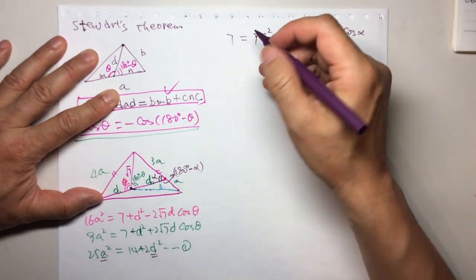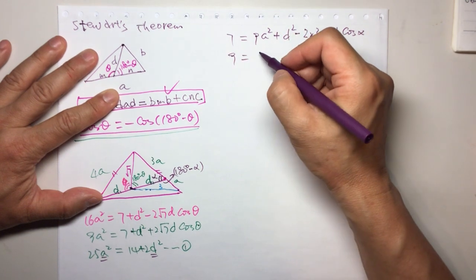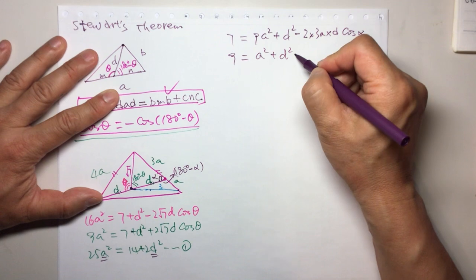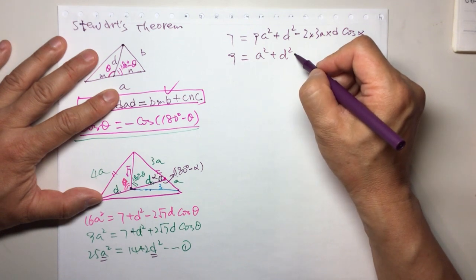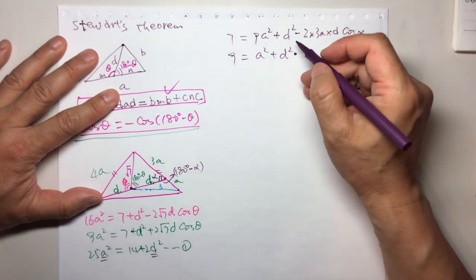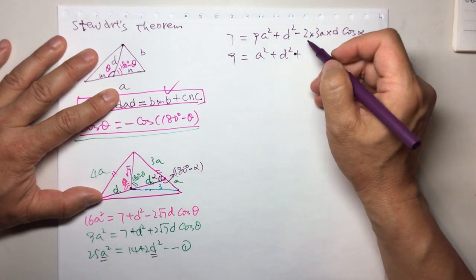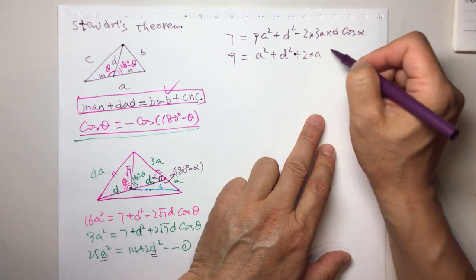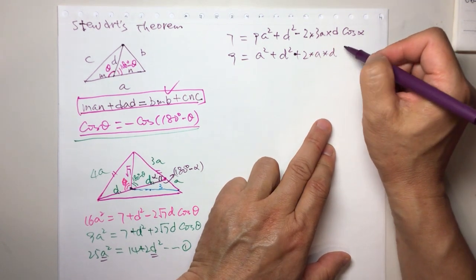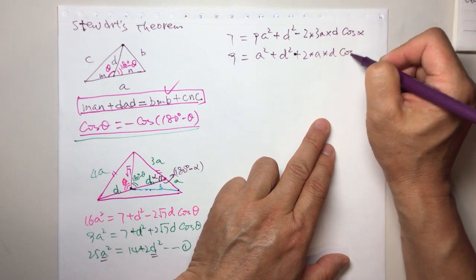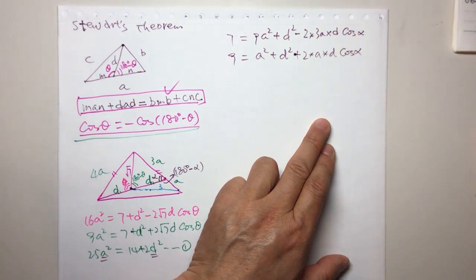And for this I will use 9 equals a squared plus d squared plus 2 times a times d times how much? Cosine alpha, right?